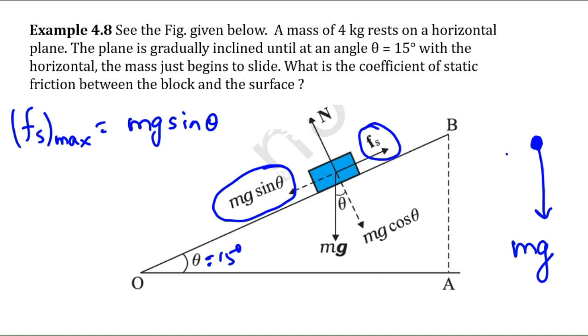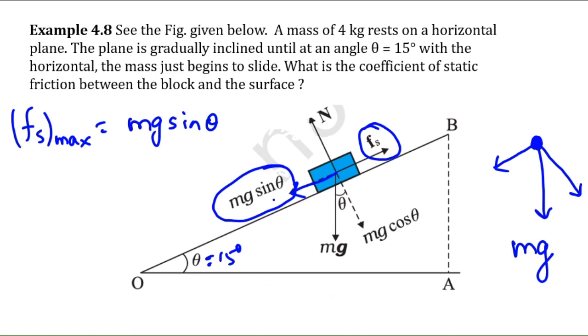Here we need the component of this force along the inclined plane, as well as the component of this force perpendicular to the inclined plane. So this mg has been resolved into its components. One component is along the inclined plane, which is mg sine theta, you can see here. We have done the vector resolution concept in a previous video, so I'm just using it here.